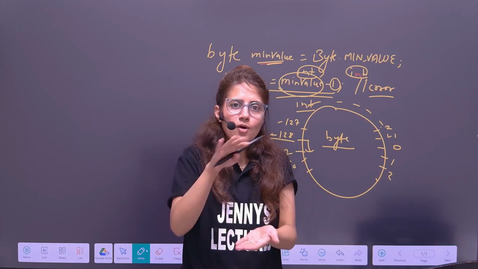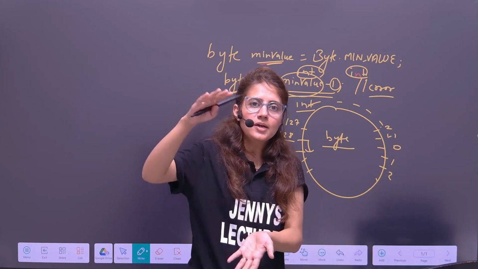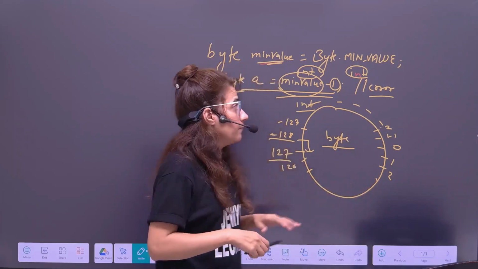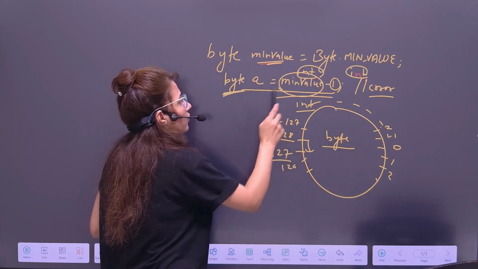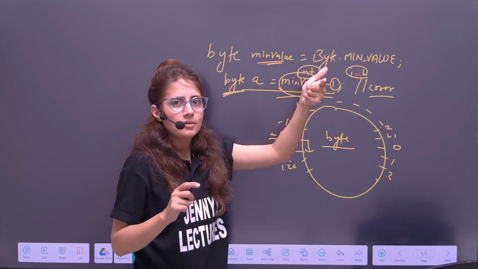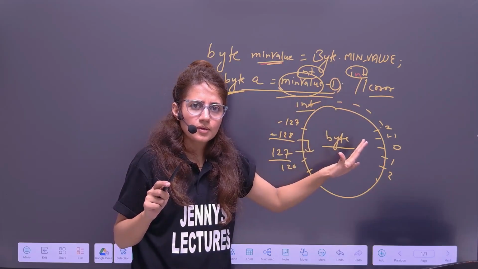So like this, you cannot downcast. You cannot throw something. You can take a big container without asking your mother. That is fine. So same here. A small number would be converted into a higher number. Byte is small, int is higher, automatically without asking because there would be no loss of data, right?